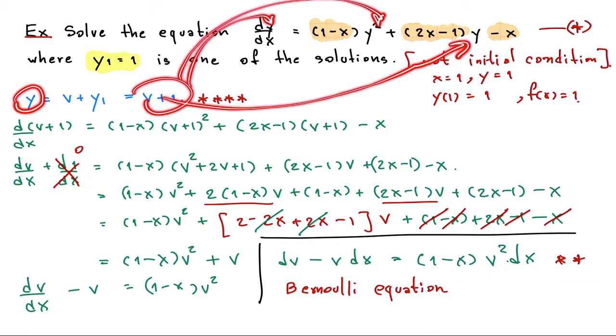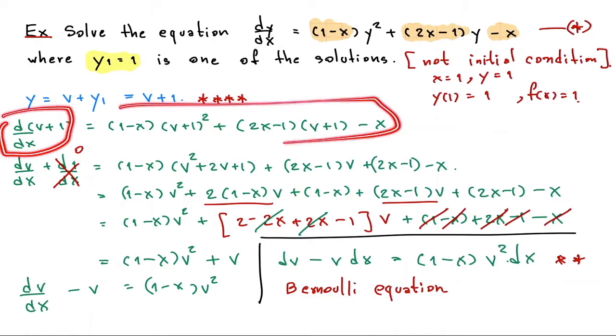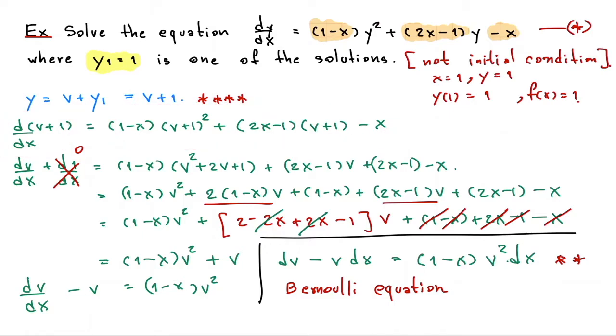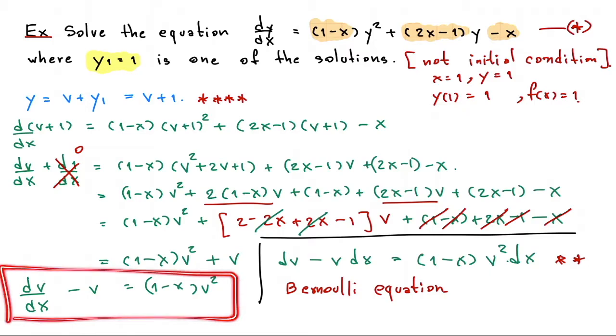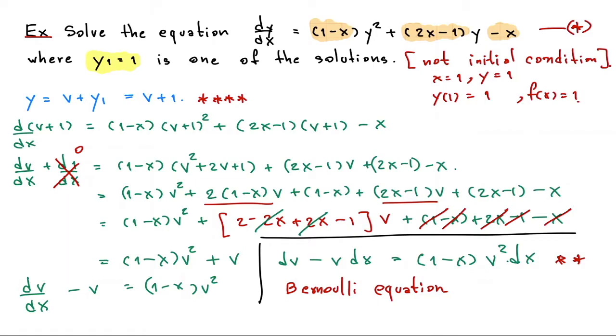So this is what we have. We just substitute it into equation star. After that, after rearranging the terms, we get this equation, which is Bernoulli. See? So in this section, it's done here when it's Bernoulli.